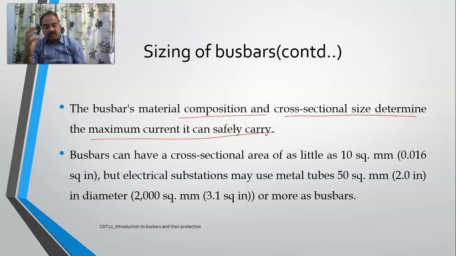Normally the cross-sectional area will be as little as 10 square millimeters. But in electrical substations where you have very high current, you can have metal tubes of 50 square mm or even 2000 square mm. So it depends upon the application.